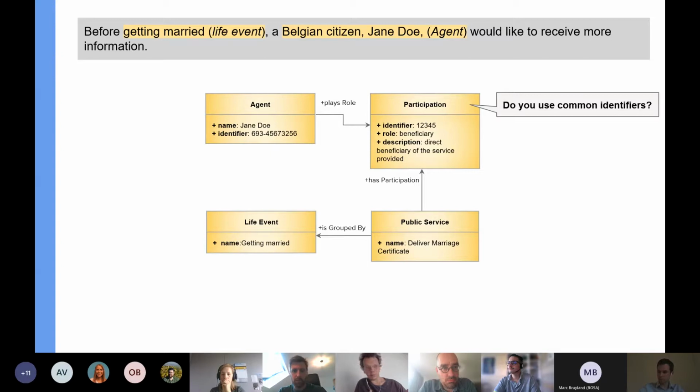For the live event, the role and so on, you can use code lists, I think, because those will be very specific depending on the public organization organizing the public service. It's my insight in any case.